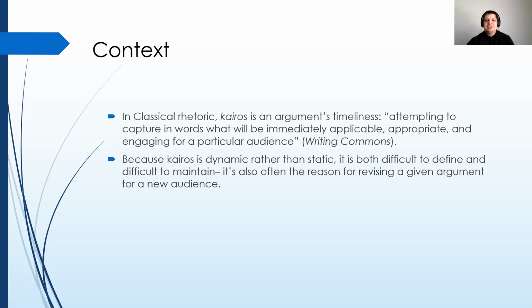Overall, though, Kairos is a dynamic process. So it's kind of hard to pin down. Something that might work really well today is not going to work at all tomorrow. So this is what often prompts revision. It's not just that you have a new audience, but you're talking to them in a different setting, using different methods. I'm giving this lecture on a Zoom video, whereas last quarter I gave it in a live classroom.